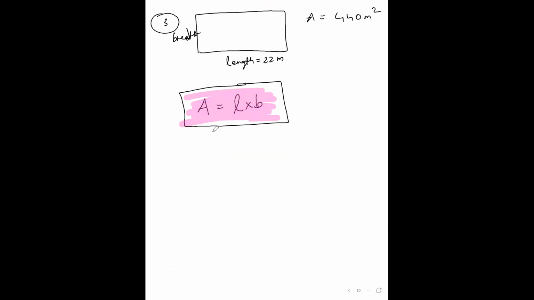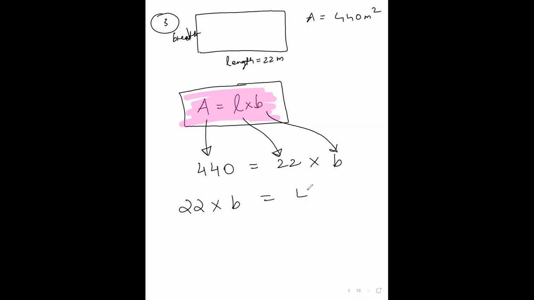So if your area is 440 and length is 22 and you don't know the breadth, can we rewrite this entire thing as 22 into B is equal to 440? है ना? हमने इसको इस साइड ले गए और इसको इस साइड ले गए.